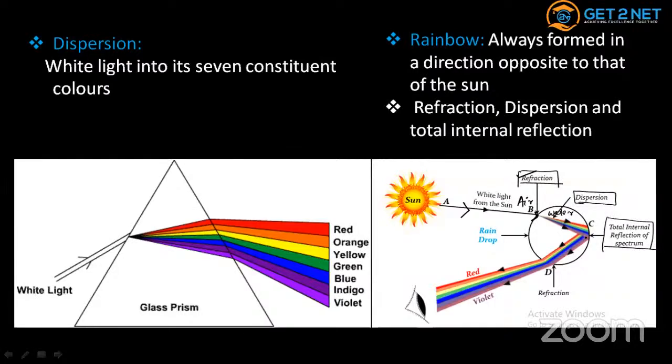As in a diamond we understand that it goes inside and internally reflects again, similarly it reflects back from the water droplet and bounces back. This is called total internal reflection. So here if question will be asked what are the processes which take place in rainbow the answer will be refraction, dispersion and total internal reflection, all these three.